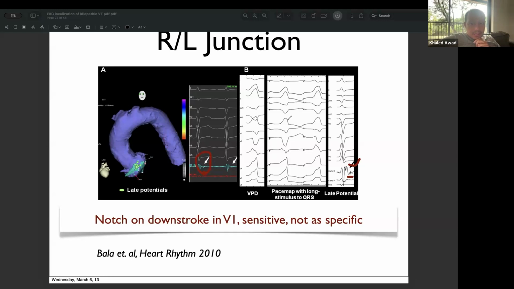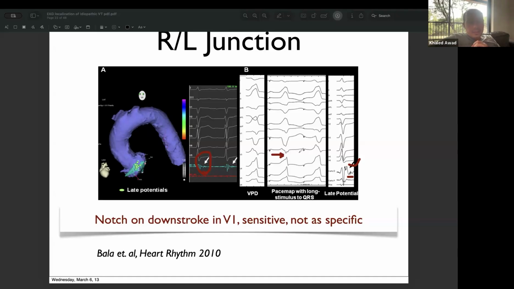Now, when you pace, you get a good pace map, like an excellent pace map, but at the same time that pace map is giving you a long stim-to-QRS. When I'm dealing with an idiopathic VT, and I go anywhere around the right-left junction or around the right cusp itself and I capture any pace map, I don't care if the pace map is good or not.